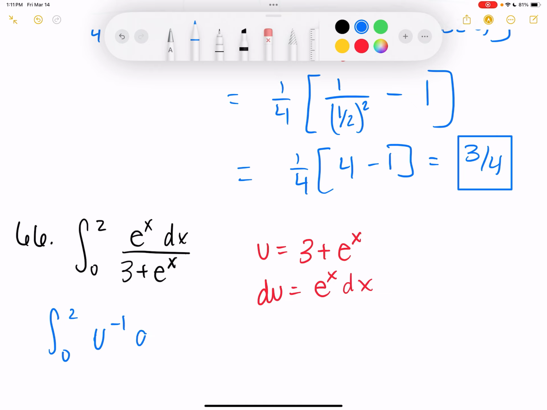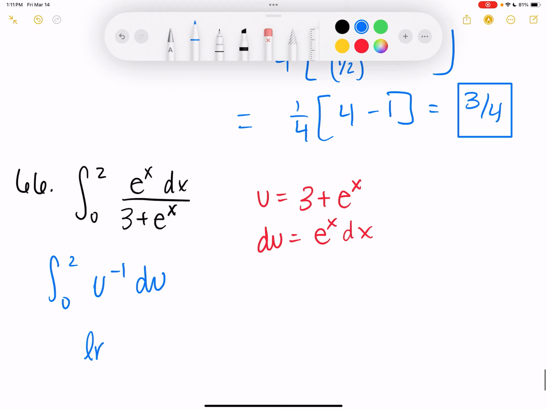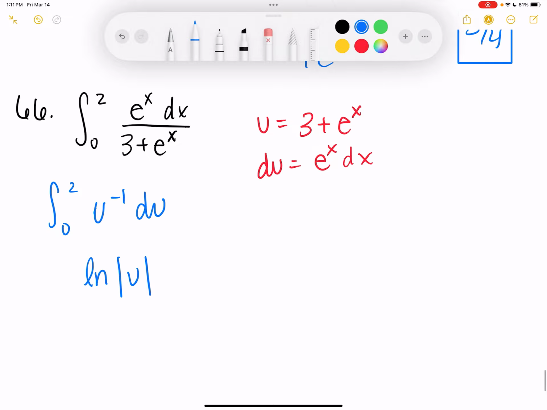Okay. Trying to save steps here. And what's the antiderivative of u to the negative 1? Or 1 over u if you want to think about it that way. ln of u. Specifically the absolute value of u. So this is then the ln of the absolute value of 3 plus e to the x.